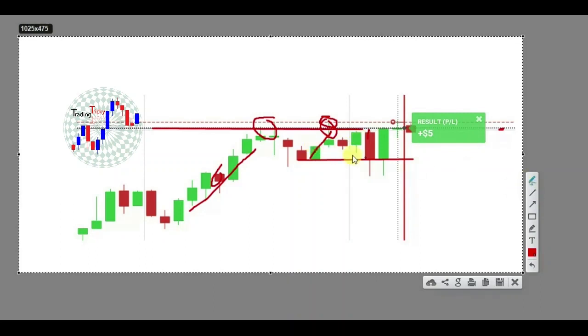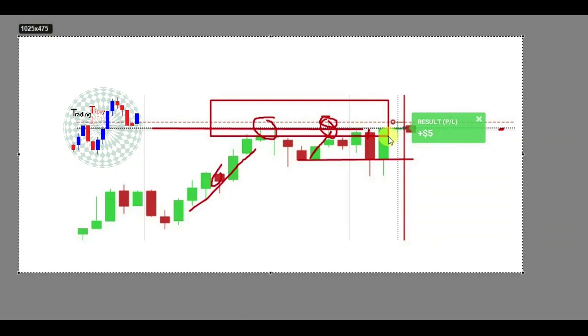But when you see this history here, this is a strong resistance now. That's the reason I didn't go with buyers from this level and didn't go with sellers from this level immediately. I just wait for confirmation.